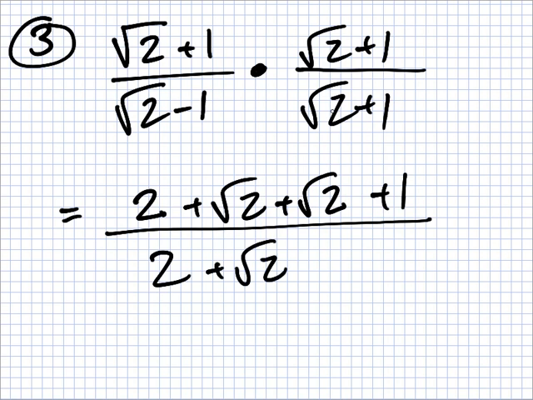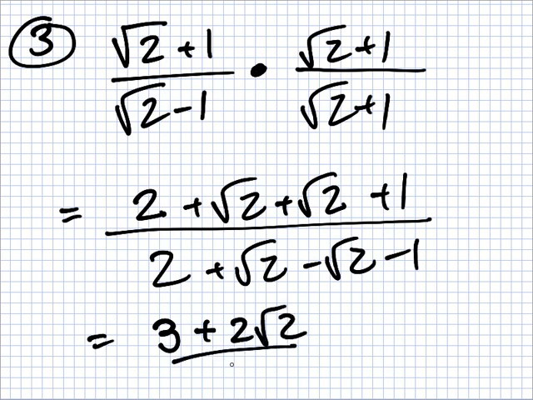Minus 1 by root 2 is minus root 2. And minus 1 by 1 minus 1. So, on the top, I'll get 3 plus 2 root 2, and on the bottom I'll get 1. Because they cancel, yeah. Which is 3 plus 2 root 2, the answer.